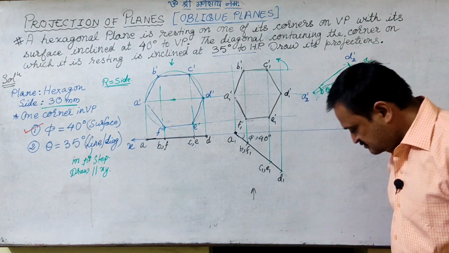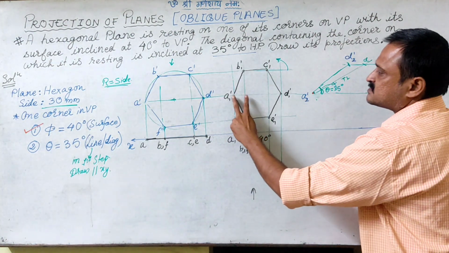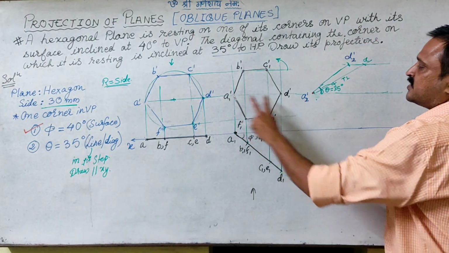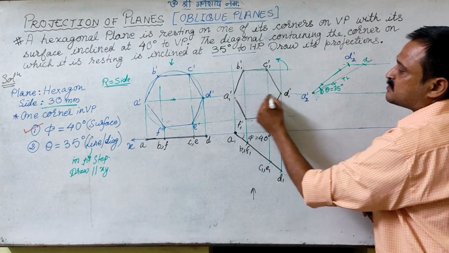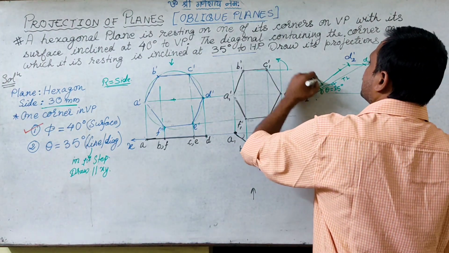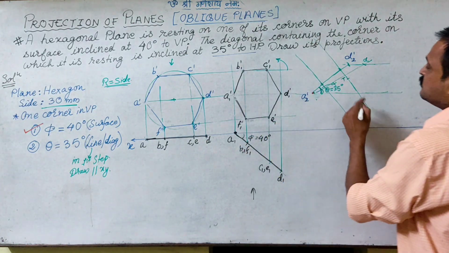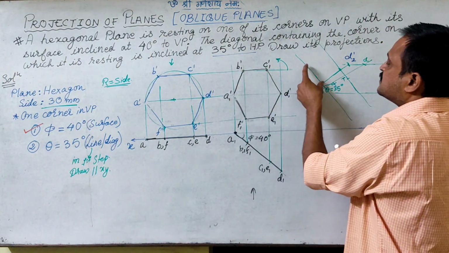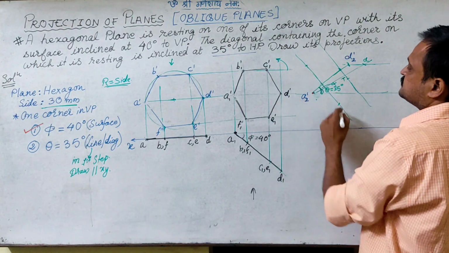Another very simple method is to take the compass. Take this distance in the compass and mark the point on the A2D2 line. These projectors are perpendicular to A1 D1 dash. So from here I can draw construction lines perpendicular to A2 dash D2 dash, and then I take these distances in the compass and simply mark them on this.